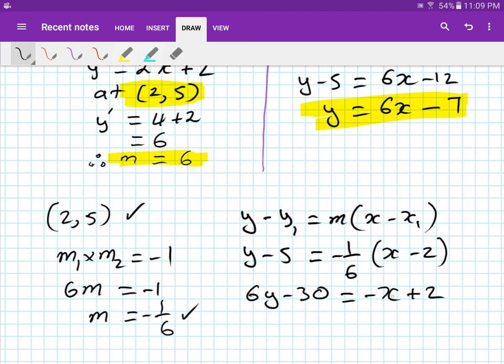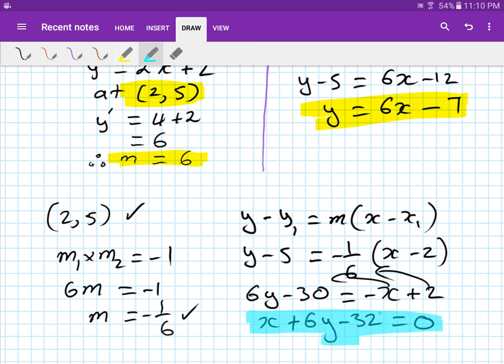Then I move the x to this side to make it general form, so that becomes x plus 6y minus 32 equals 0. There you go. So this one here is the normal to the curve, whereas this one here is the tangent.